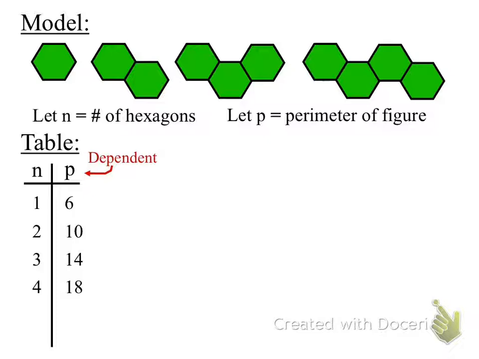Malcolm? Keep going. 5 would be 22. 6 would be 26. Okay. And who can tell me what the y-intercept would be? Somebody I haven't heard from, please. Sam? 0.4? What? I want to know what the y-intercept would be.